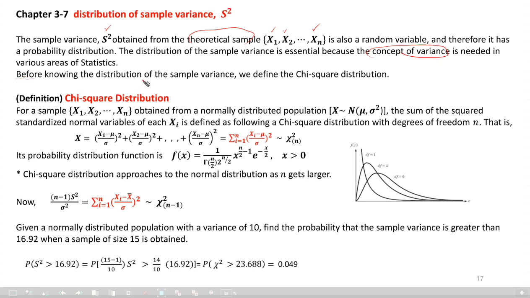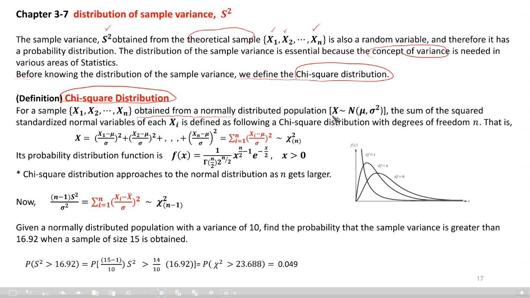Before knowing the distribution of sample variance, we have to define the chi-square distribution. The chi-square distribution is a theoretical distribution. For example, X1, X2, Xn are obtained from a normally distributed population.